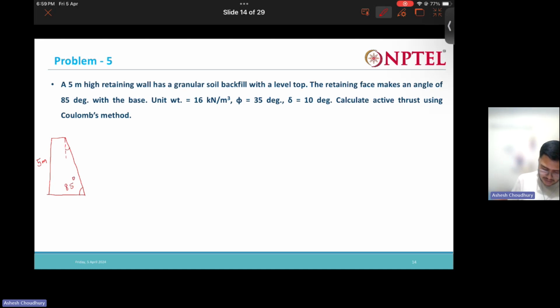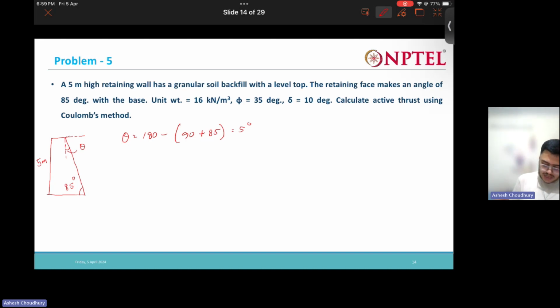So let us call this angle theta. So theta is nothing but 180 minus 85, plus... okay, 5 degrees.